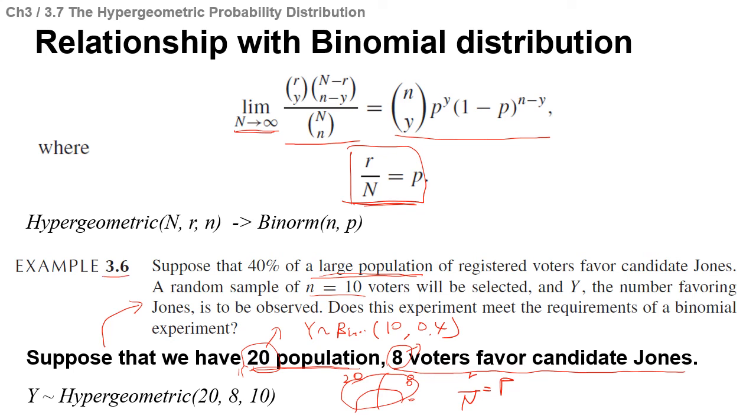And so we can intuitively understand that the hypergeometric distribution converges to the binomial distribution when N gets large. Okay. Thank you and see you next week.